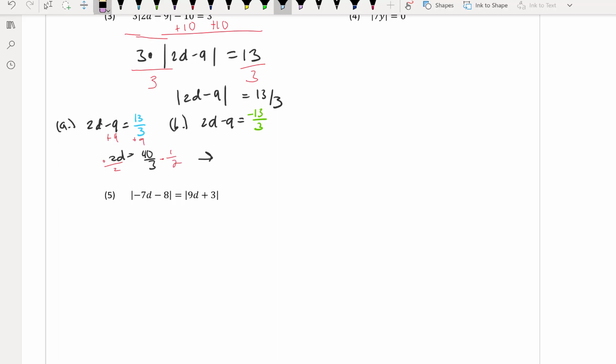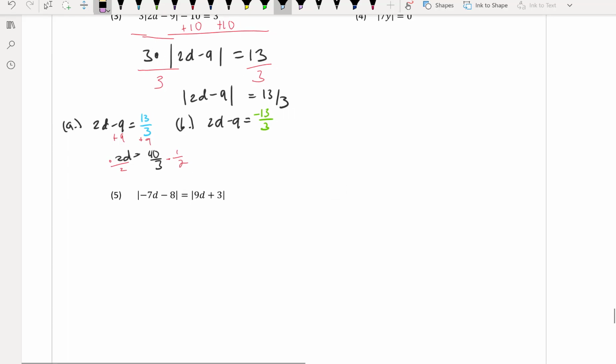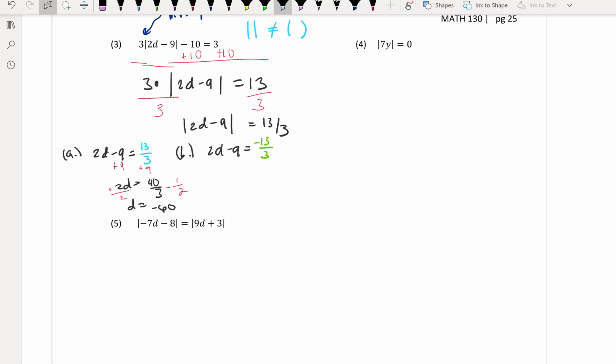Oops, I'm running out of room here. So I can say that d is equal to, well, if I have 40 divided by 3 times a negative 1/2, you would get a negative 60. So for that answer, you'll have a negative 60.